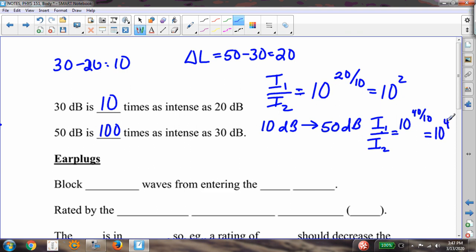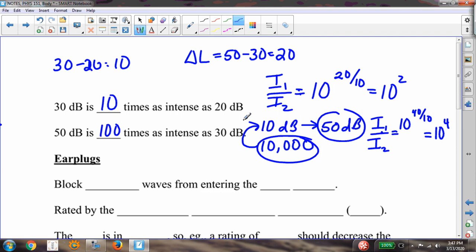So going from 10 to 50 decibels would be 10,000 times the intensity. That is, the 50 decibel sound is 10,000 times the 10 decibel sound.